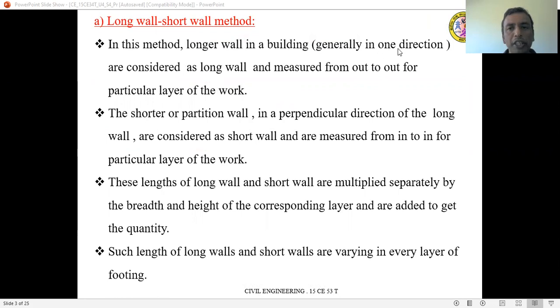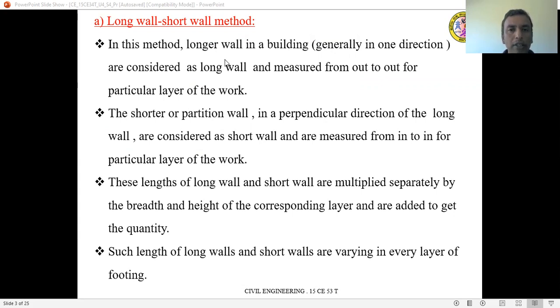It is generally in one direction, and the lengths of long walls are usually measured from out to out for a particular layer of work. The short wall or partition wall is considered in a perpendicular direction to the long wall, and these short walls are measured from inner to inner of the particular layer of the work.